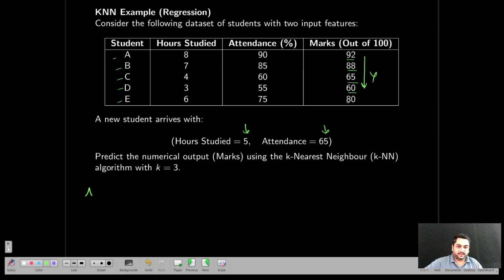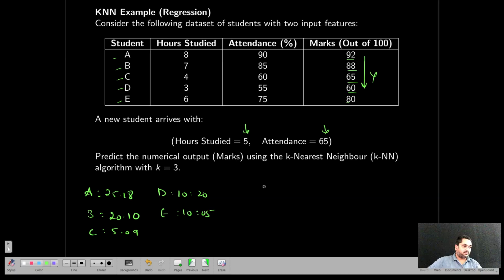So with A, the distance is 25.18. With B, I will get 20.10. C, I will get 5.09. With D, I will get 10.20. With E, I will get 10.05.